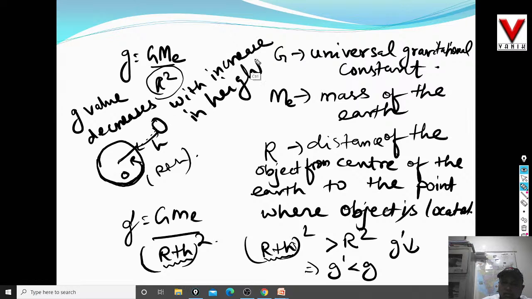Okay, small g value decreases with increase in height. I hope it is clear to you all. That was the first factor, how the acceleration due to gravity gets affected due to increase in height. Now let us move on to the next, that is the depth.